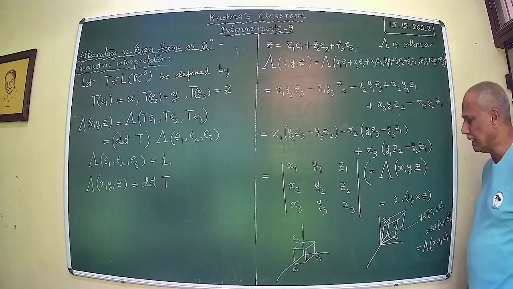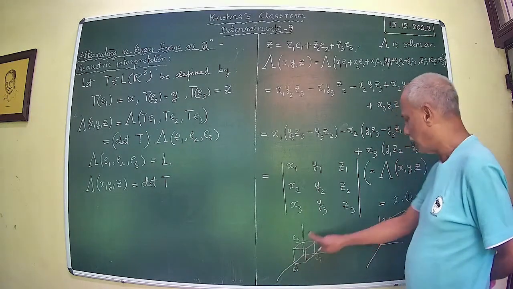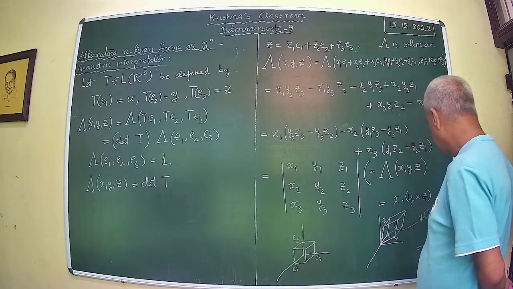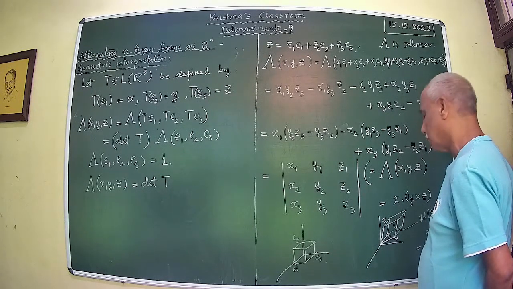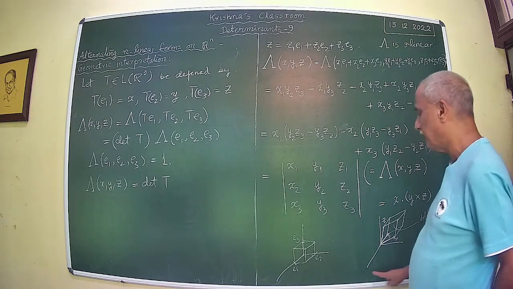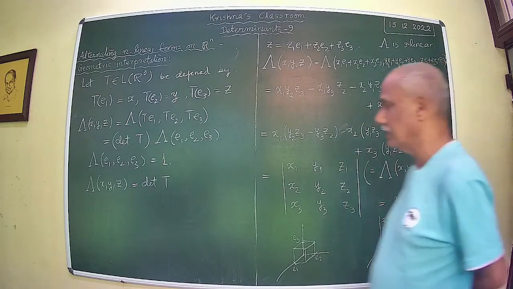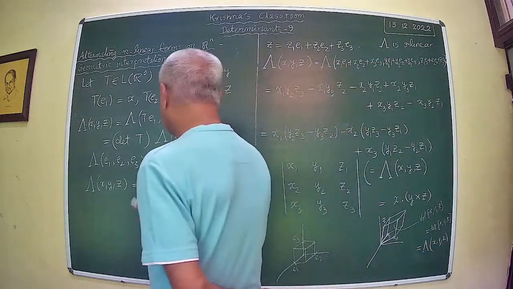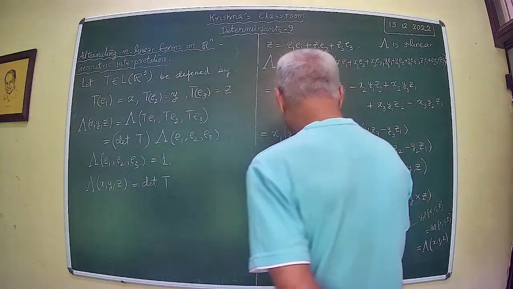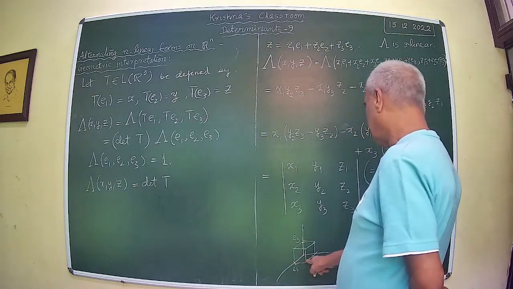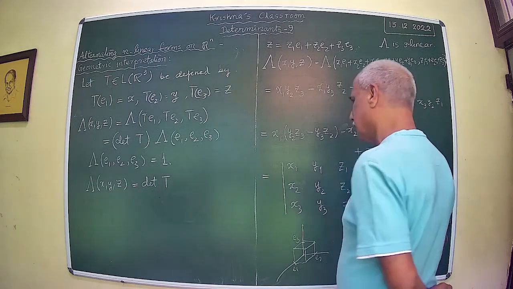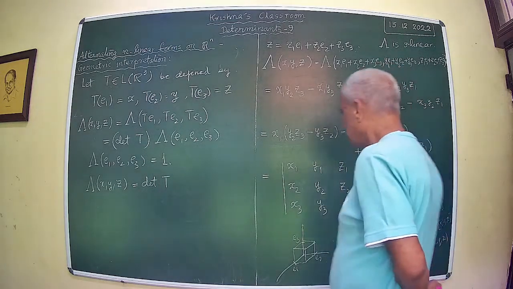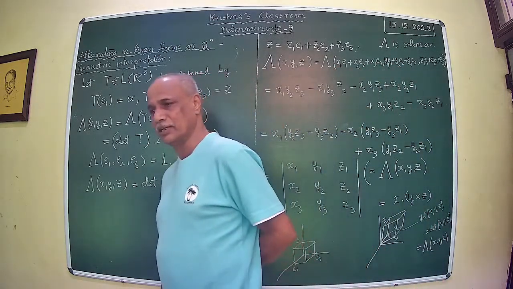And then you see that this volume is now scaled by what is called lambda of x, y, z. So lambda of x, y, z, or the determinant of T, essentially gives you the scaling factor when you go from the standard cube E1, E2, E3 to the parallelepiped x, y, z. So that is the interpretation there.